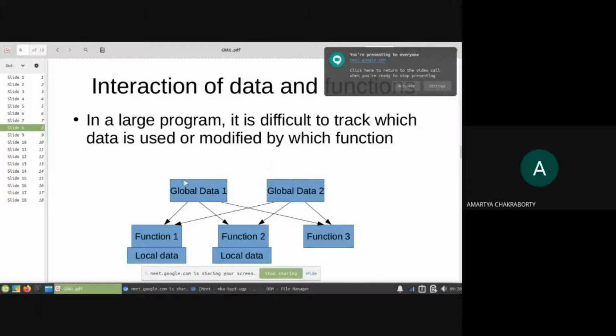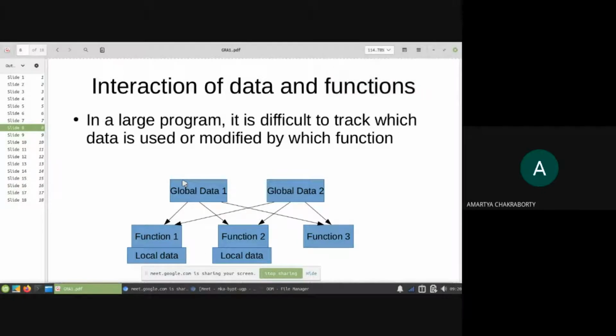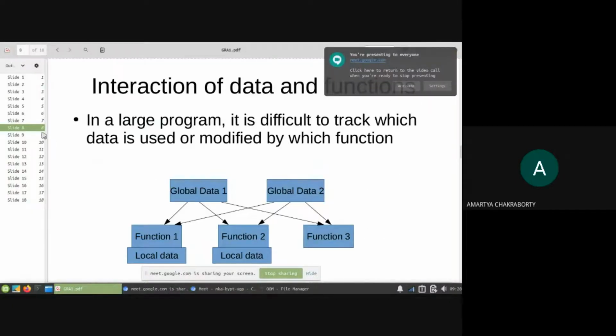So there are many such scenarios where keeping a global data variable accessible to all the functions may lead to multiple problems. So next we will move ahead and get introduced to something that can help us take care of similar problems.